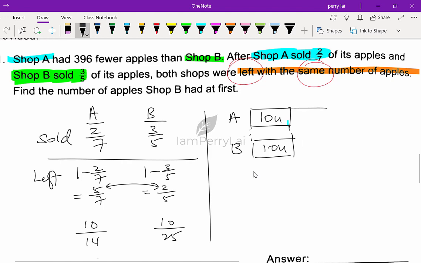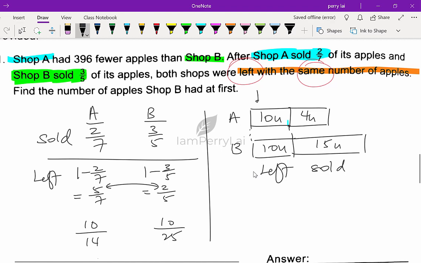And it's 10 out of 14, so we got 4 units here. And this is 10 out of 25, so we have another 15 units here. Okay, so this is what is left, and this is what is sold. Same thing here. What's left? What is sold?